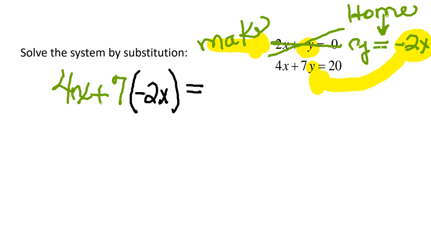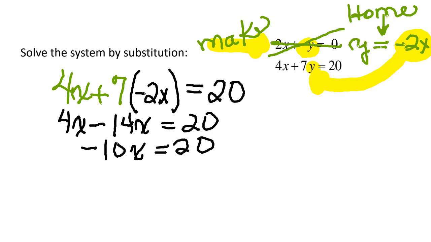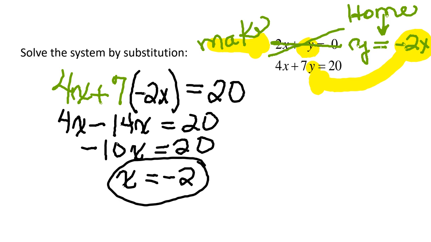4x minus 14x is equal to 20. Negative 10x is equal to 20. When I divide by negative 10, I get an x value. But I return to this home.